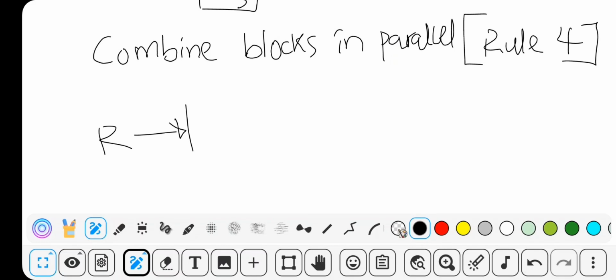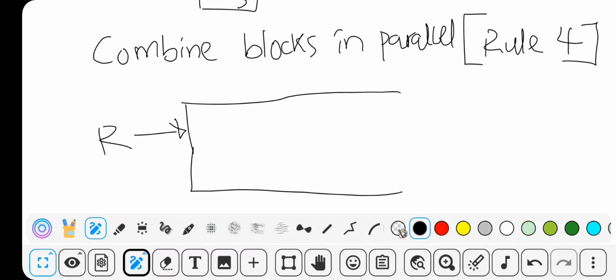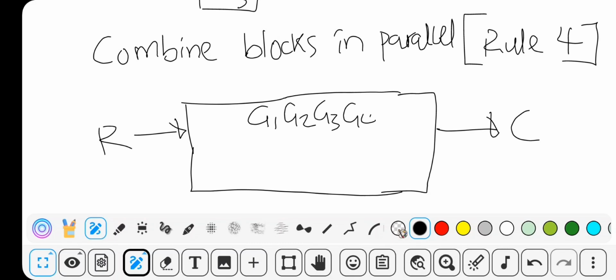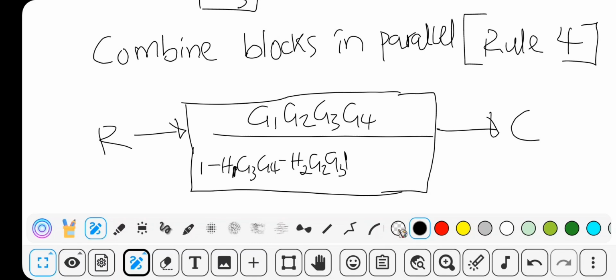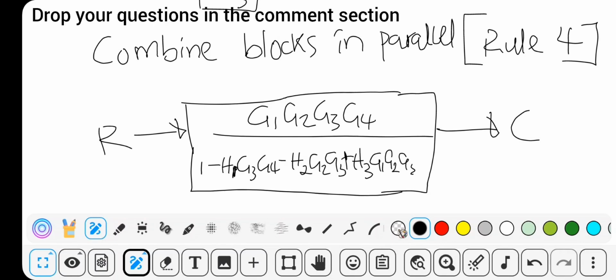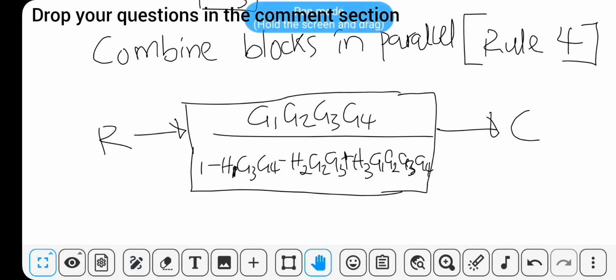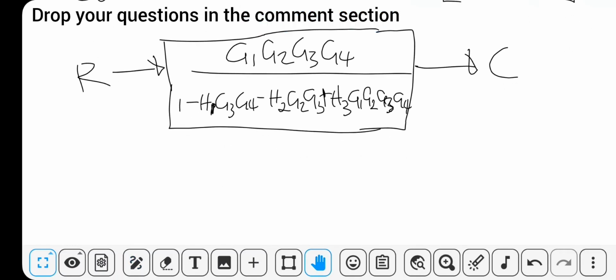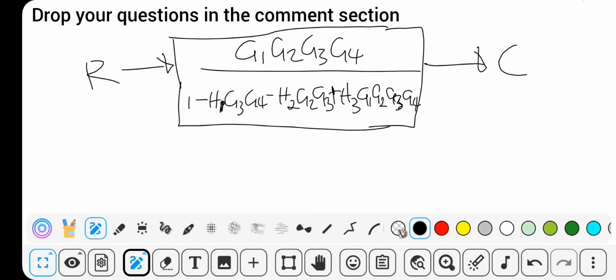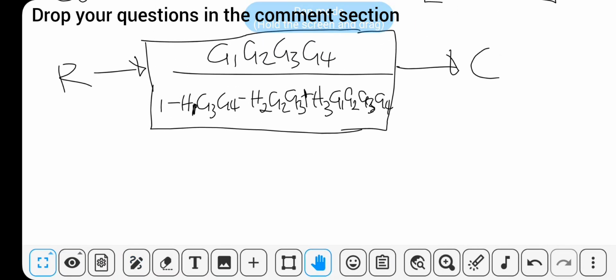And this will give you the value of the transfer function: 1 minus H1 G3 G4 minus H2 G2 G3 plus H3 G1 G2 G3 G4. So from here we can find the transfer function.